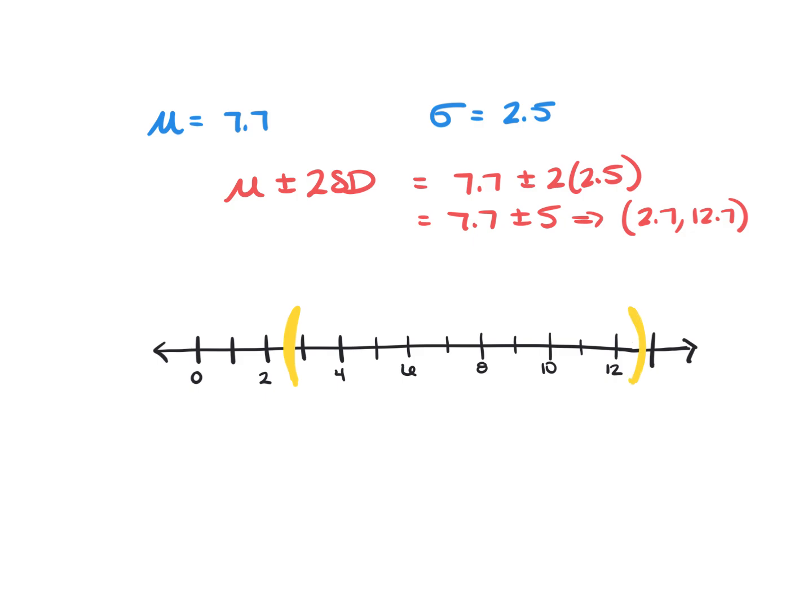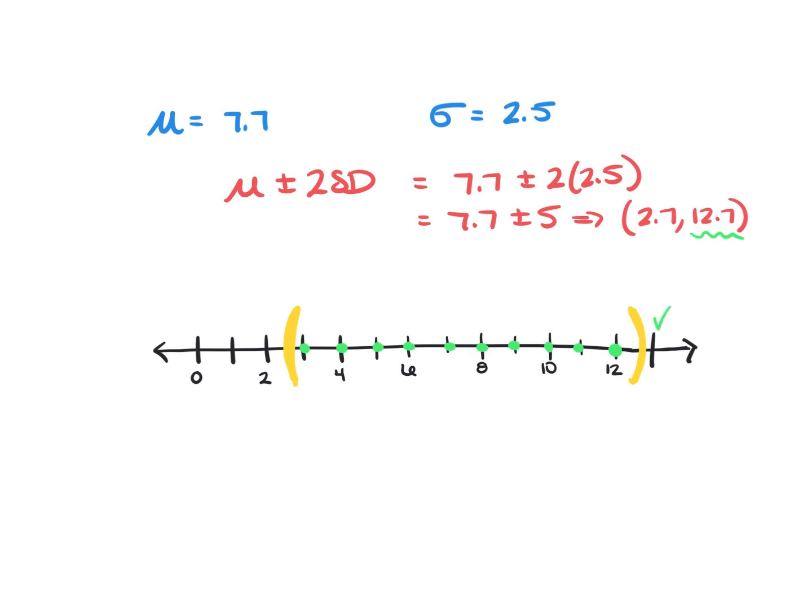The typical values are the whole number values that fall in between those two boundaries. So that would mean 3 on the low end, all the way up to 12 on the upper end. But if we just applied regular rounding rules to 12.7, we would round up to 13.